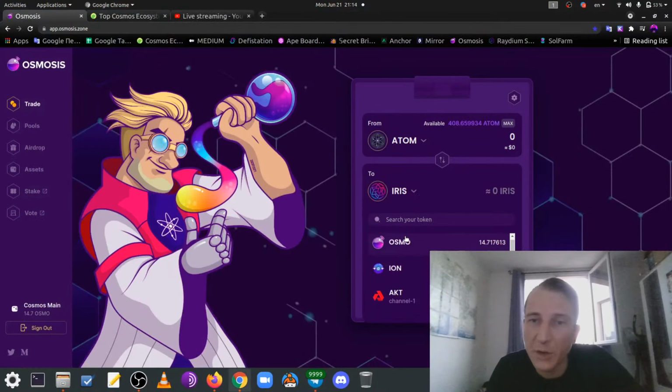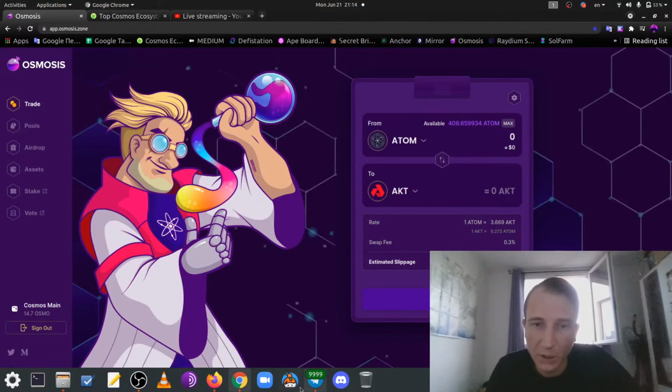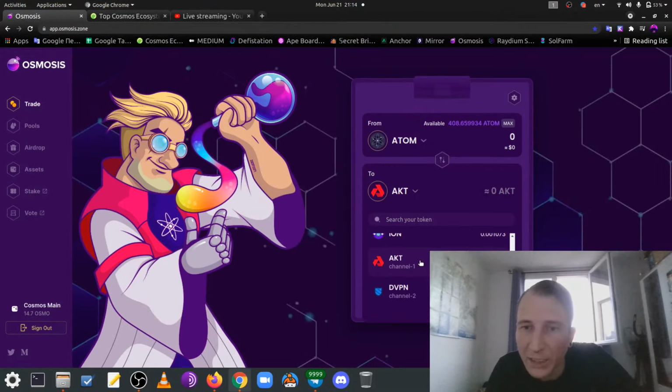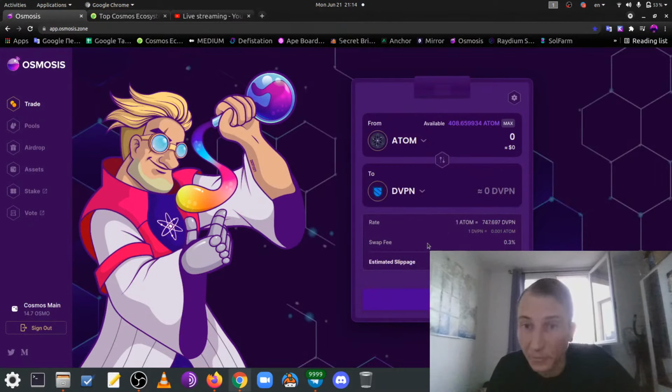What will it be if we try to trade here with Akash? The situation will be a little bit better from Akash to atom, because on the market, middle market price, I will get 3.7 for atom, and here only 3.6. Let's look at another, DVPN.